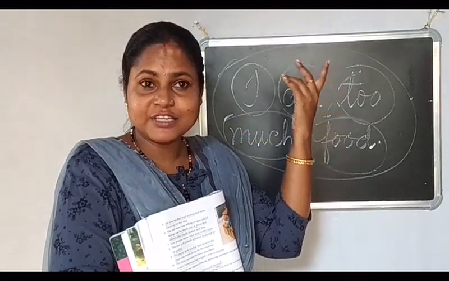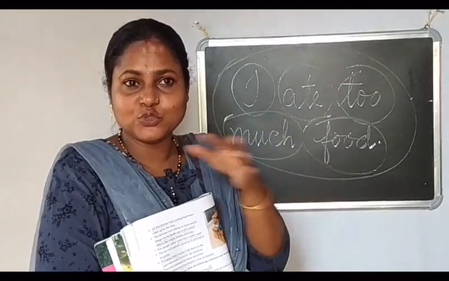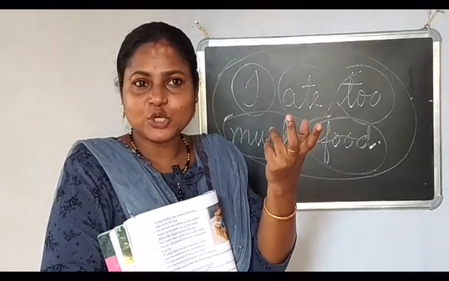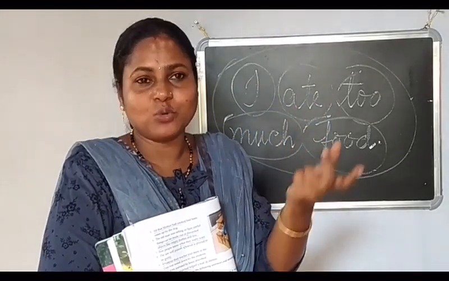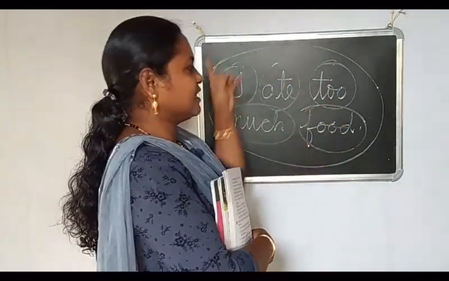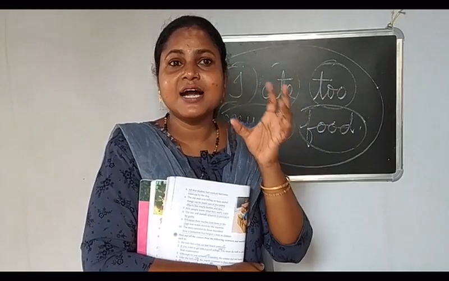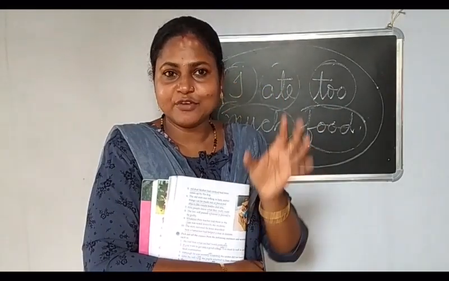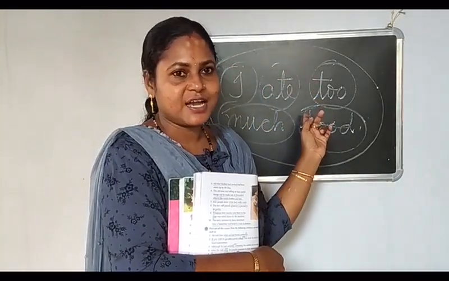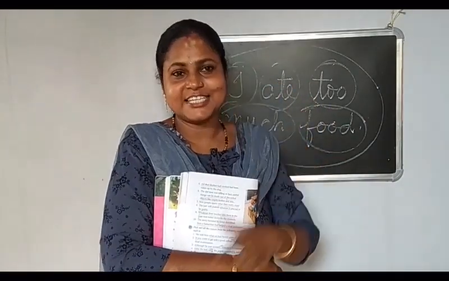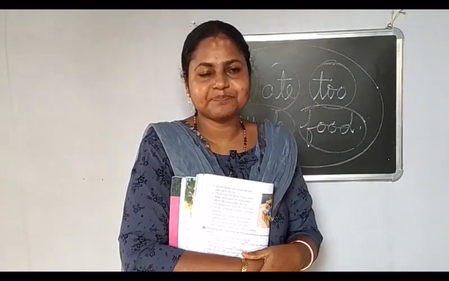Whereas in the case of the other one, too much food, there is no verb, there is no noun. We will not get a sense out of this. But from I ate too much food, we get a sense. That is the difference.